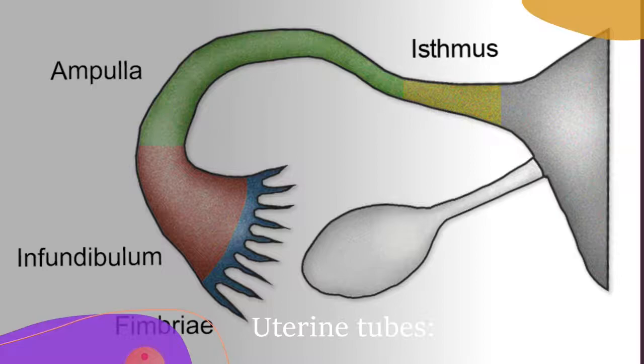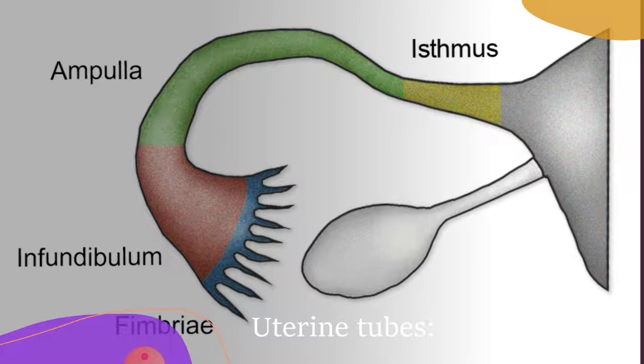Now we will talk about the structure of the uterine tube, and the main function of the uterine tubes is to assist in the transfer and the transportation of the ovum from the ovary to the uterus, that I have already explained. And the inner mucosa of the uterine tube is lined with the ciliated columnar epithelium, and they will move the ovum towards the uterus, and they also supply it with the nutrients.